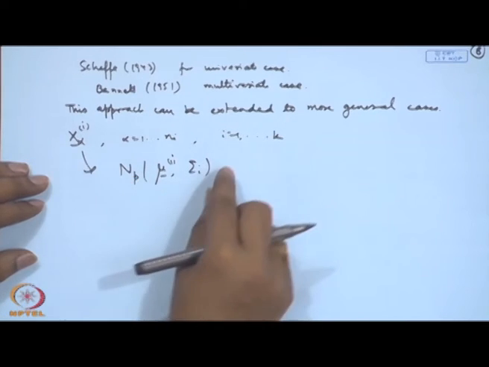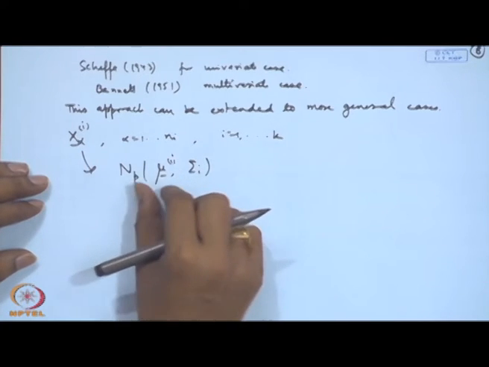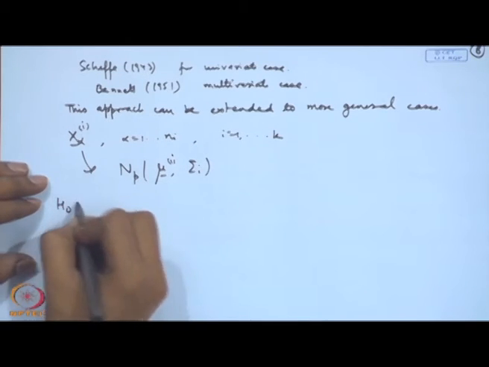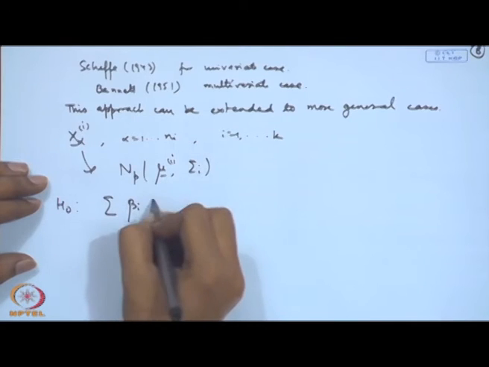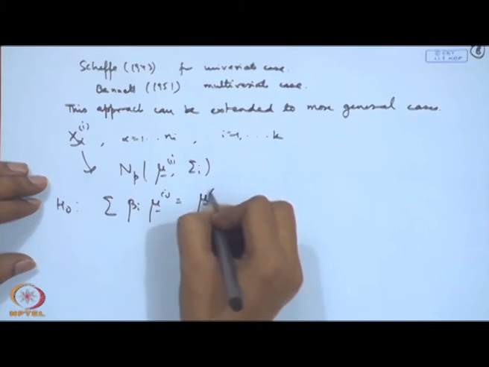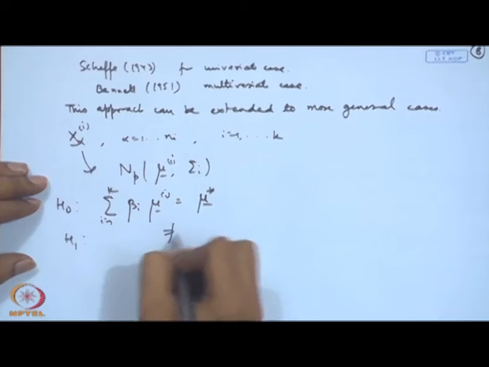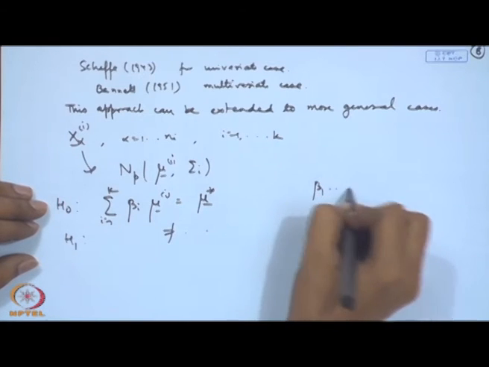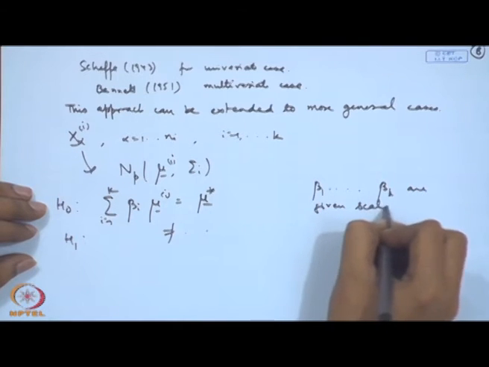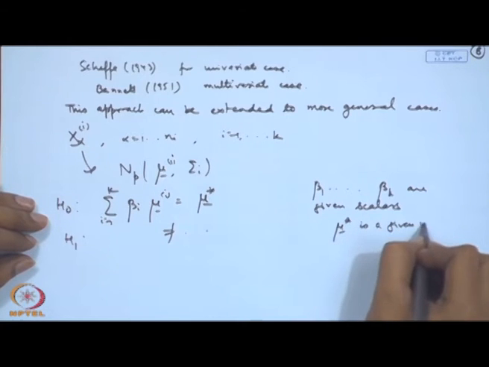So, we are considering k independent samples from k N p mu I sigma I populations, and we are considering testing for a linear combination of the mean vectors against say not equal, where this beta 1, beta 2, beta k are given scalars and this mu star is a given vector.